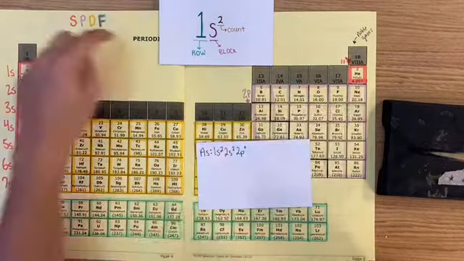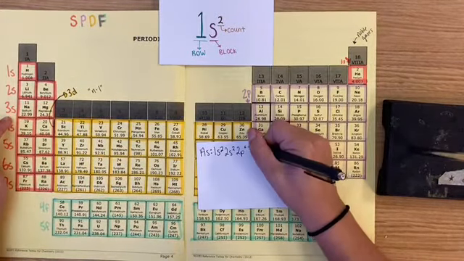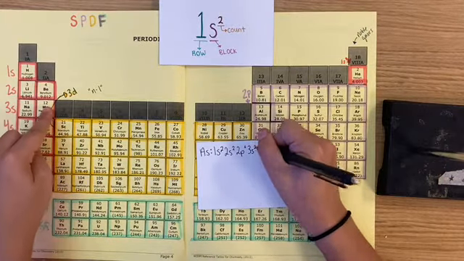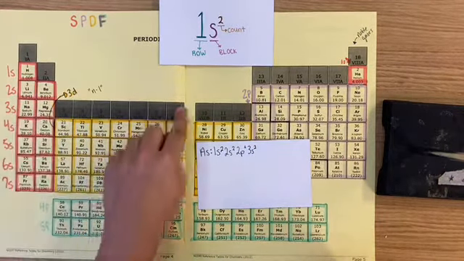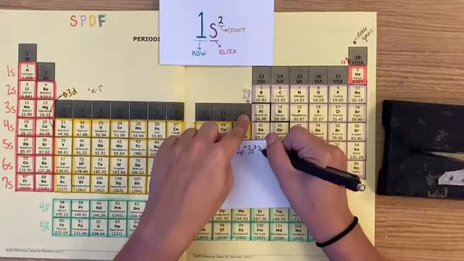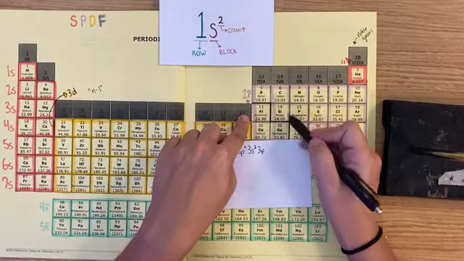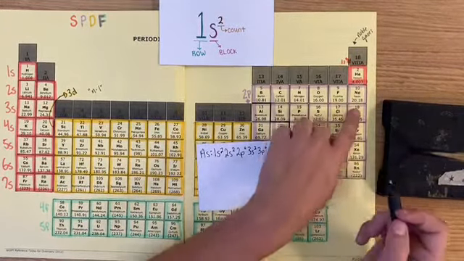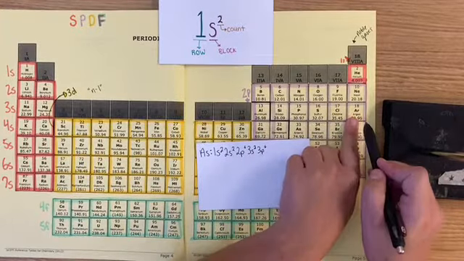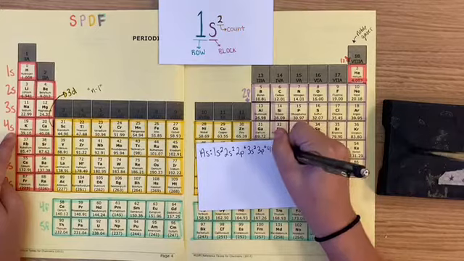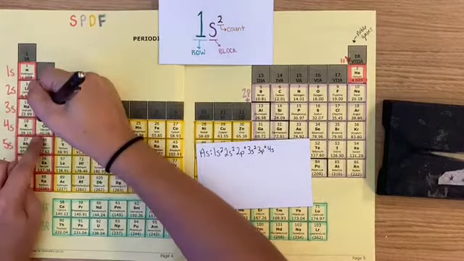We've made it to the end, so we're coming back down to 3S, 1, 2, 3S2. Making our way over, we're now in 3P, 1, 2, 3, 4, 5, 6. Still got a way to go to get to arsenic, but we're at the end here, so we're going to come back down. We're now in 4S, 1, 2.